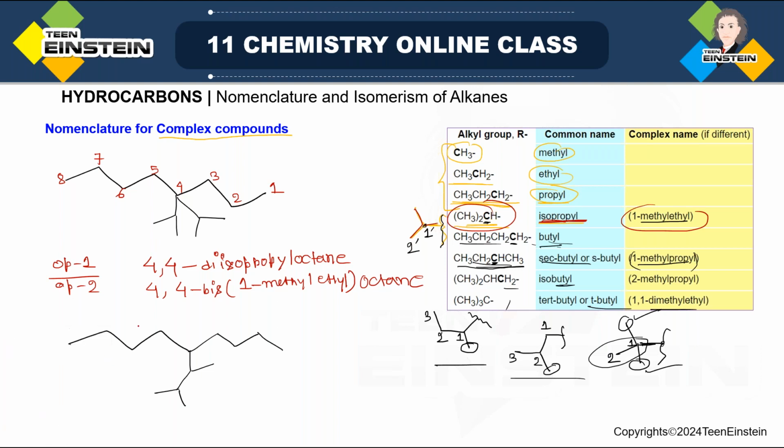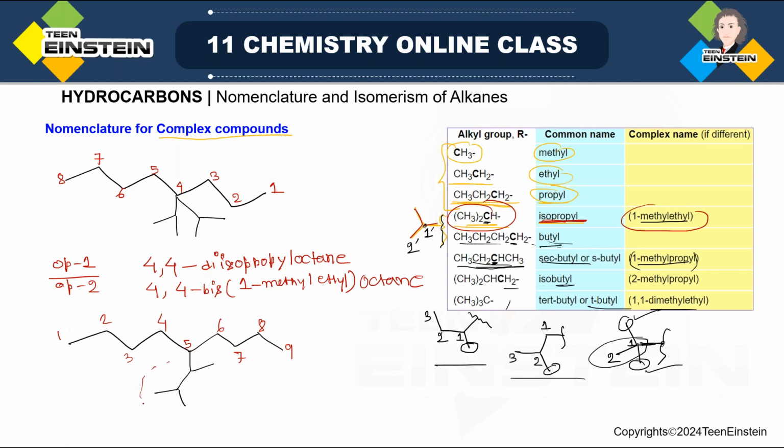Now the numbering will be 1, 2, 3, 4, 5. So this is symmetric, because both side of 5 carbon there is 4 carbon. So whether you number this side or this side, it doesn't matter. But if you are increasing the numbering, that is after 5, if you are moving in this way, then it is ending at 8. So it is not the longest chain. So that is why the previous numbering is basically correct.